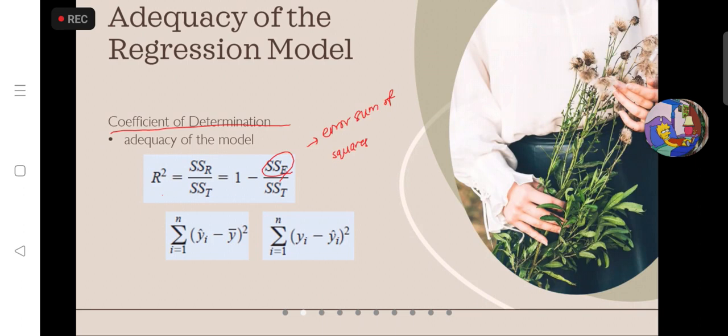SSR, we will then identify as the regression sum of squares.